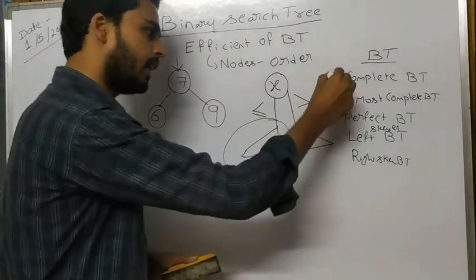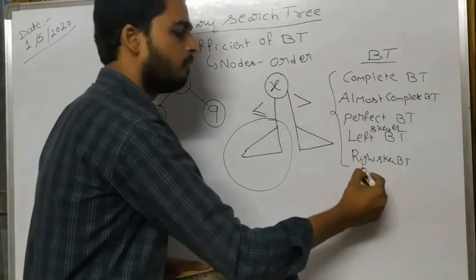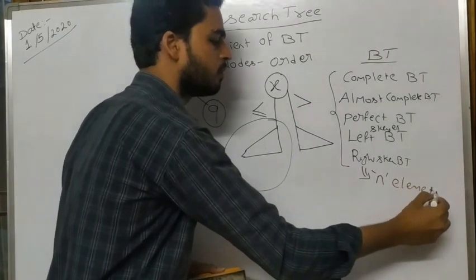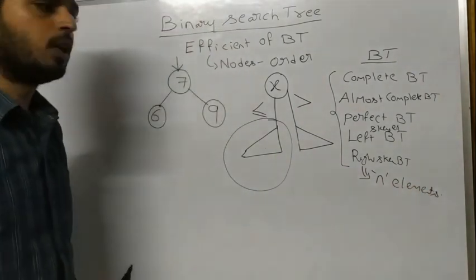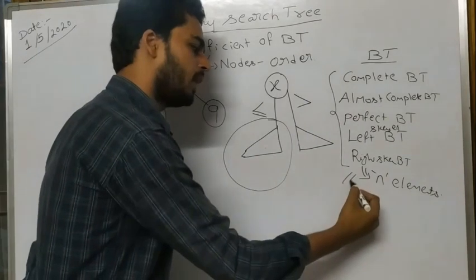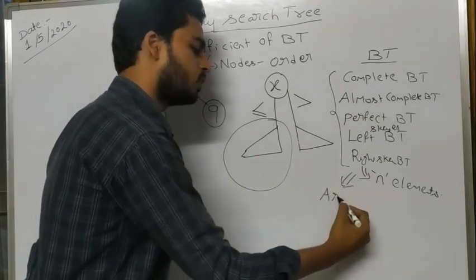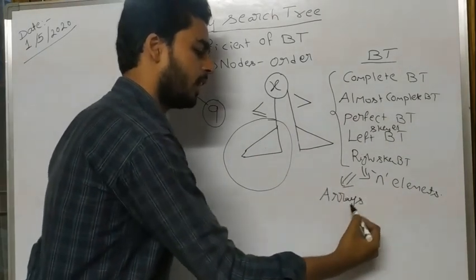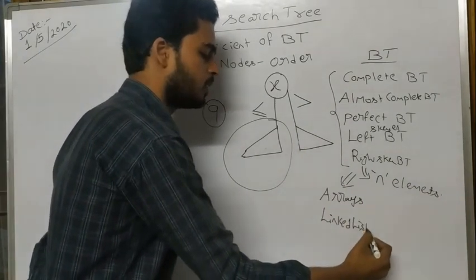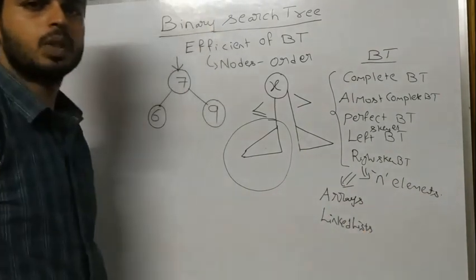If you take any binary tree with n elements, you can always implement it either using arrays, or with the help of a linked list that you already know.